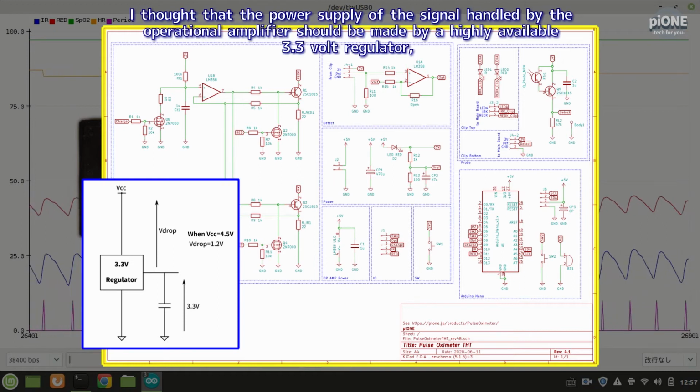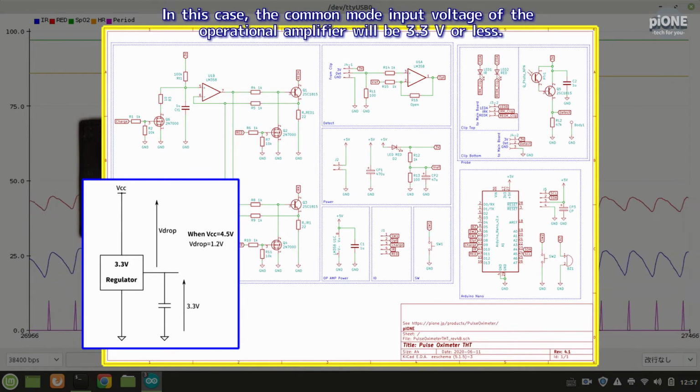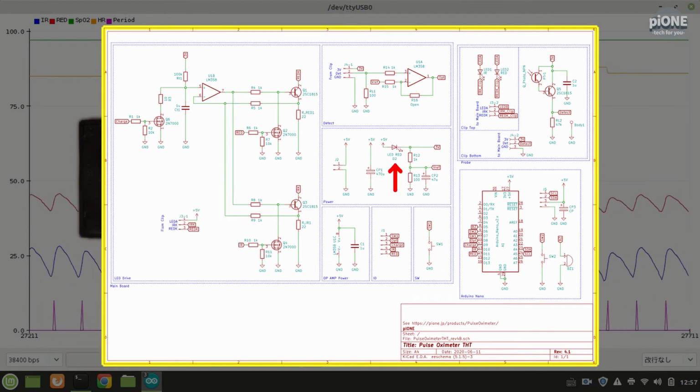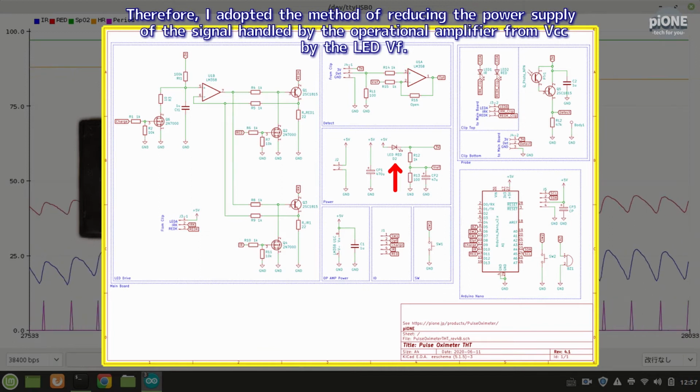I thought that the power supply of the signal handled by the operational amplifier should be made by a highly available 3.3 volt regulator, but the VBUS of USB will be 4.5 volts or less when the protection diode is installed. In this case, the common mode input voltage of the operational amplifier will be 3.3 V or less. Therefore, I adopted the method of reducing the power supply of the signal handled by the operational amplifier from VCC by the LED VF.